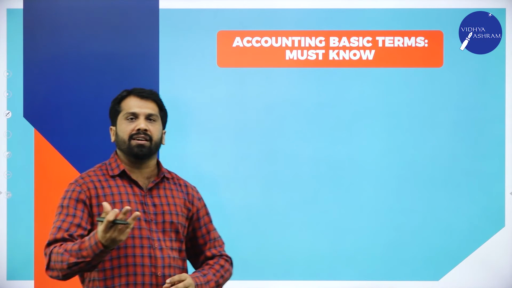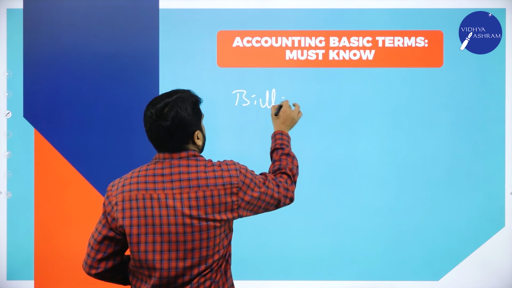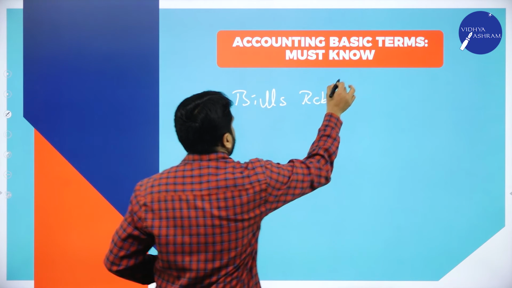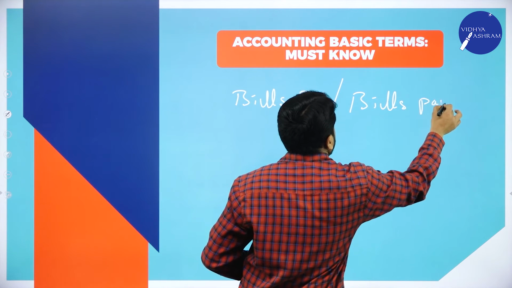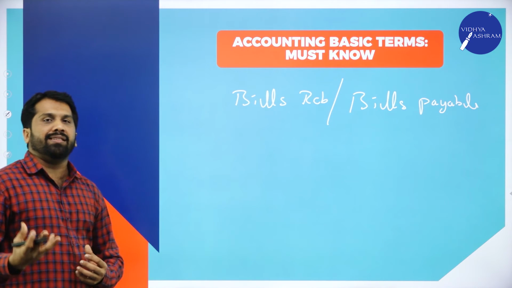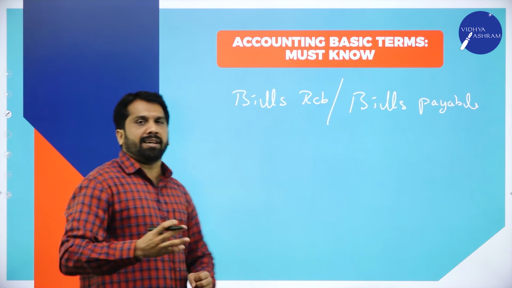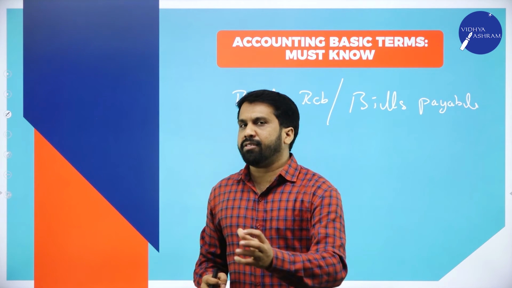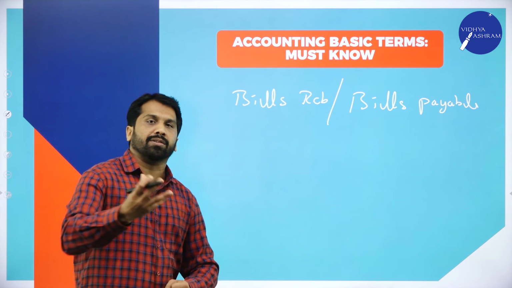The next topic we are learning is bills receivable and bills payable. What do you mean by bills receivable as well as bills payable? It means you have taken a loan of rupees 10,000 by pledging your documents.